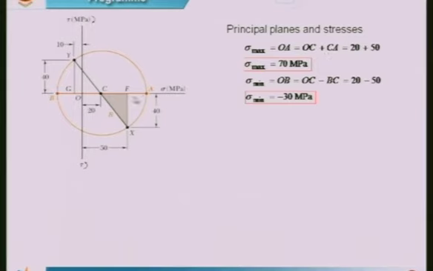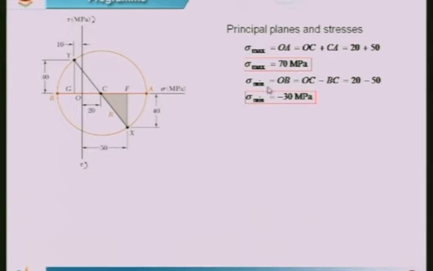CA corresponds to the radius and OC corresponds to the average normal stress. We had found this, which is equal to 20 plus 50. If I measure this distance, we get this to be 70. That is the maximum normal stress, which is the principal stress.